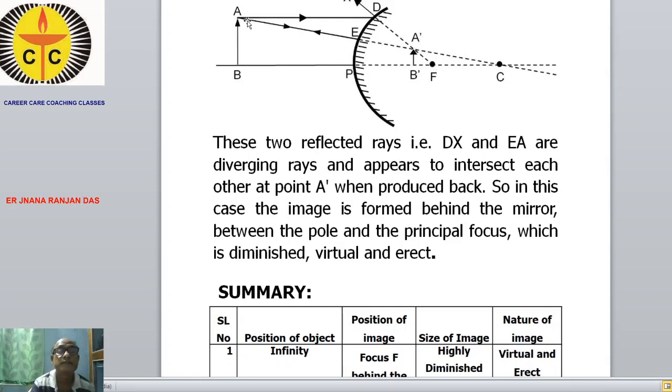Another incident ray is considered, passing toward the center of curvature. These two rays appear to meet here, giving the image A dash B dash, the image formed by the object AB.